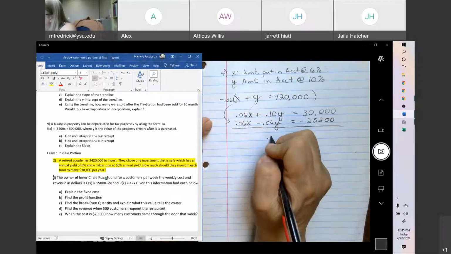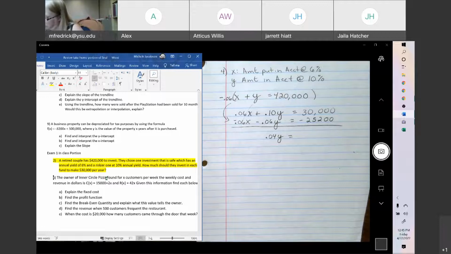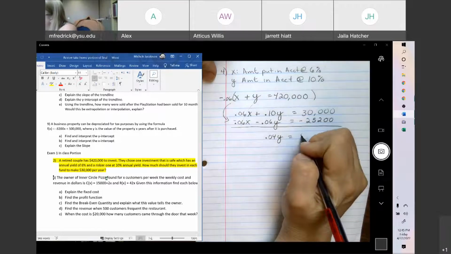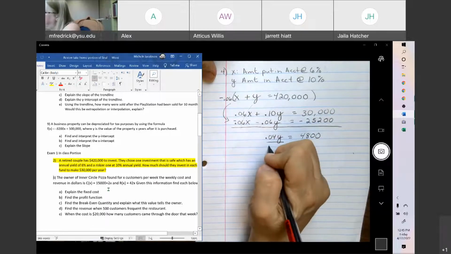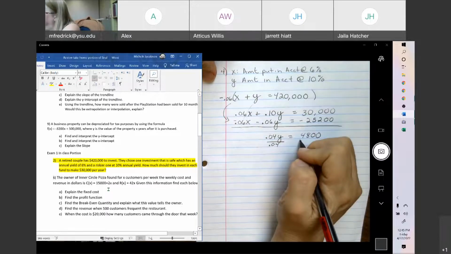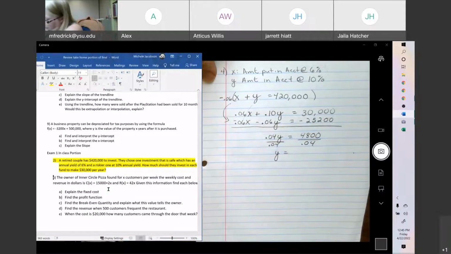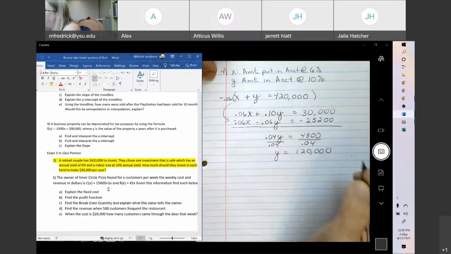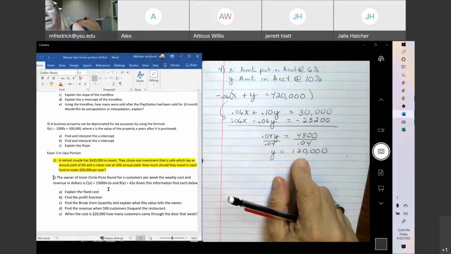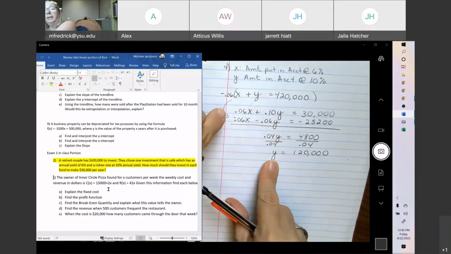We have 0.04y equal to 4,800. Divide by the 0.04. So 120,000 they should put into the Y, 10%.